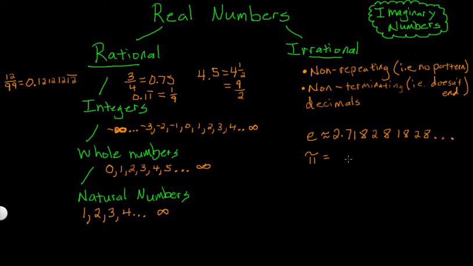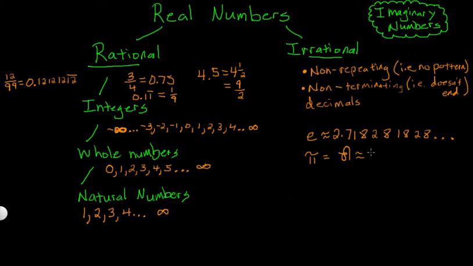So we use the letter from the Medu Neter alphabet known as Wa, which looks something like this. This represents the constant of a circle's circumference to its diameter, which you are probably familiar with as pi, but in my classes, we call it Wa.